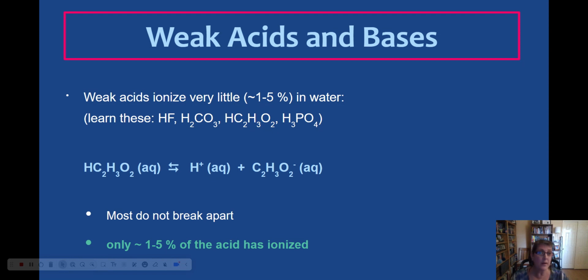Most of it stays bonded together. 95% stays on the reactant side, HC2H3O2. Only 1 to 5% makes that product, H plus and C2H3O2 minus ions. Again, most do not break apart. Most of the H's do not pop off. Only 1 to 5% of the acid ionizes. It's weak.